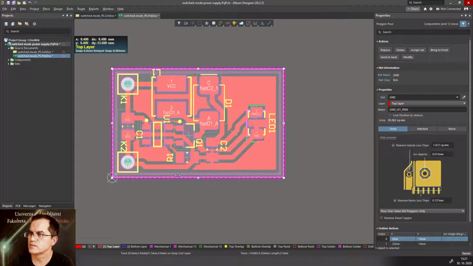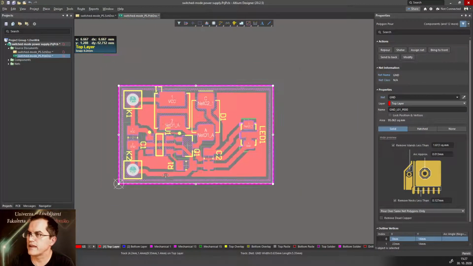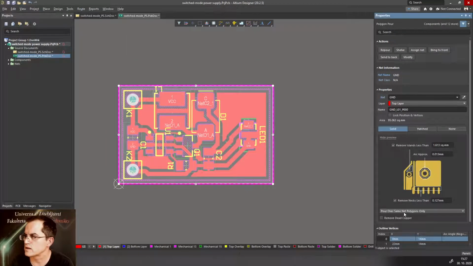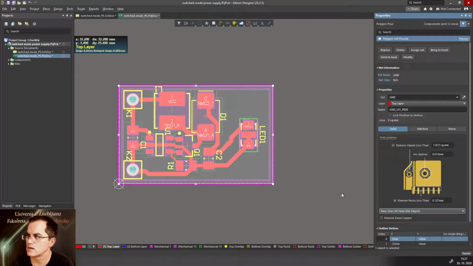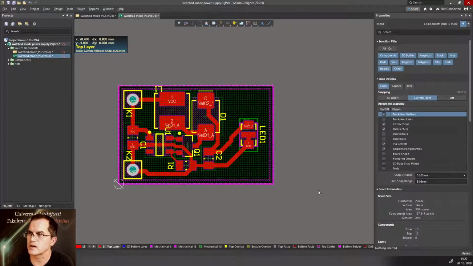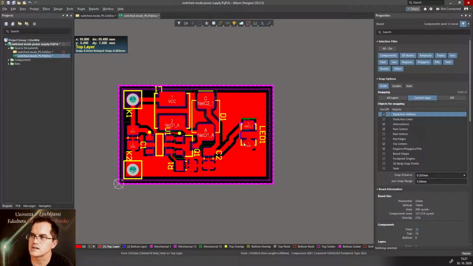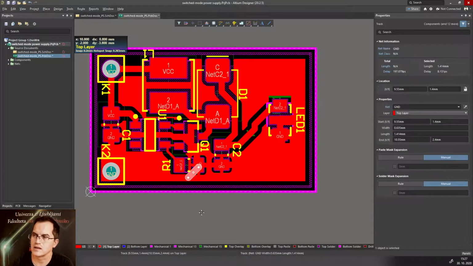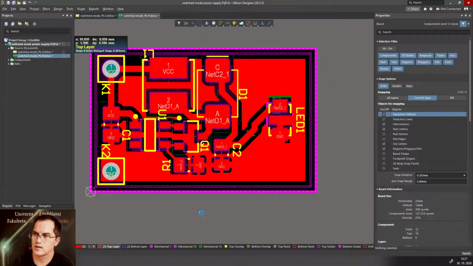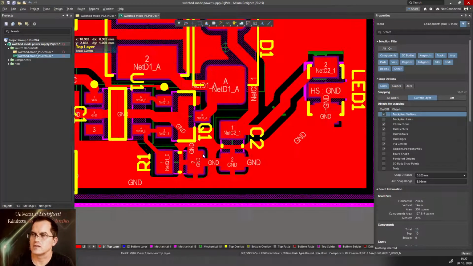Now that polygon pour should be connected to the same net, all net objects. So I will select that one and I will re-pour it again. Okay, now it is very well placed and connecting everything. You see the thermal reliefs here for better soldering.